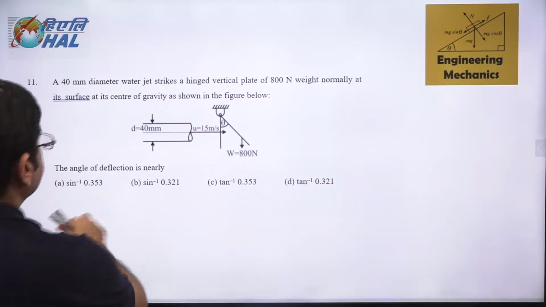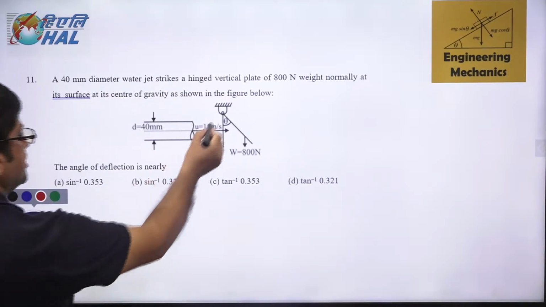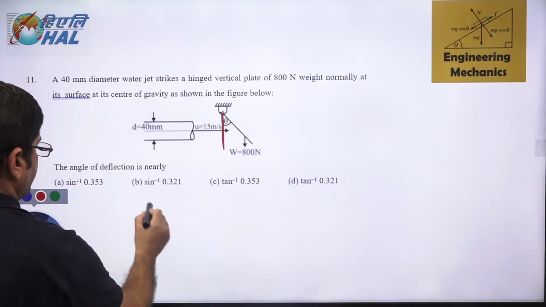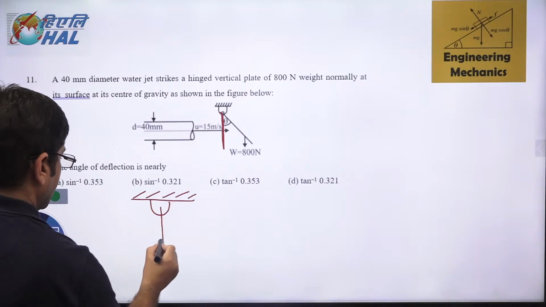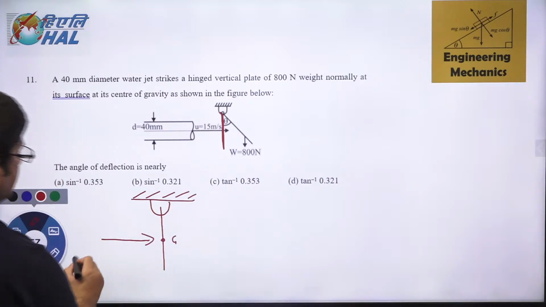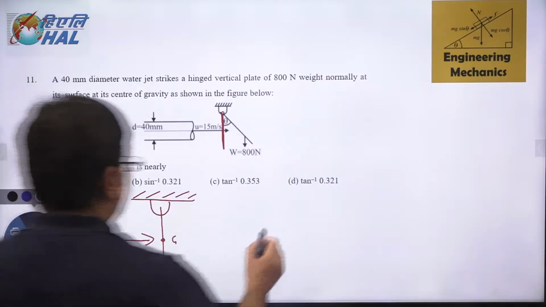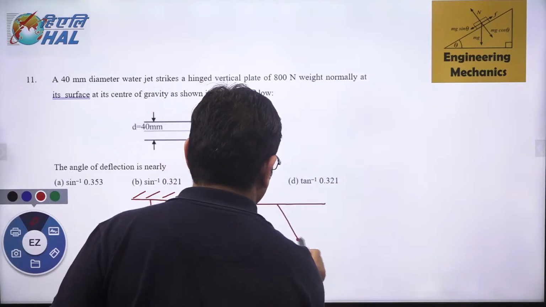So there is a plate which is vertical. So initially there is a plate like this, and then if I make a diagram, there is a plate like this, and this is the center of gravity of the plate, and there is a liquid jet which applies a force on this particular plate. Now in the equilibrium state, this is the diagram which we get.